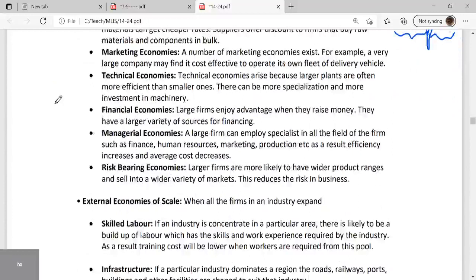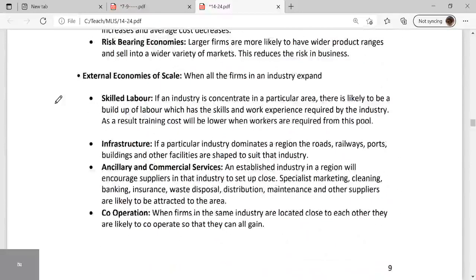Next, we have risk-bearing economies of scale. If instead of having a single product you have a range of products, your risk will reduce. So this is your internal economies of scale.